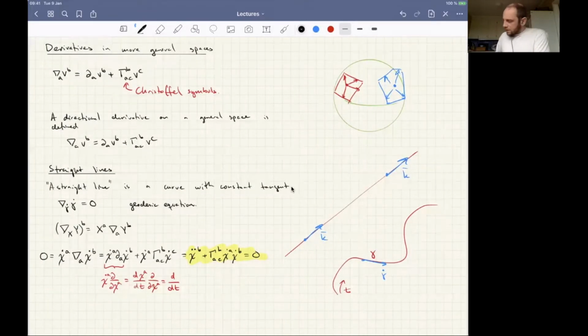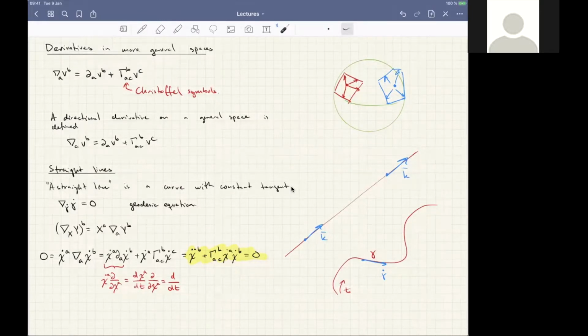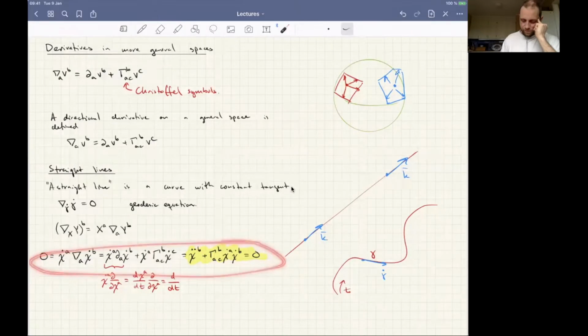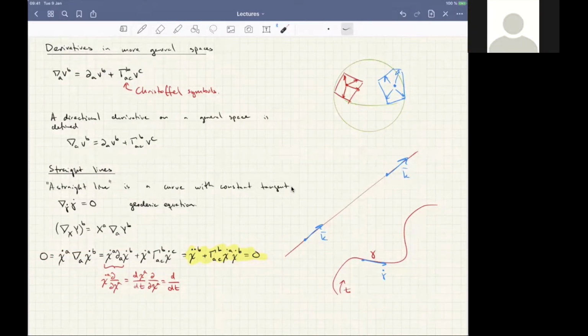Any questions on that? I have a question regarding the line you wrote here. Is it defined as a straight line according to this one? This line? Straight. No, the drawing you made.